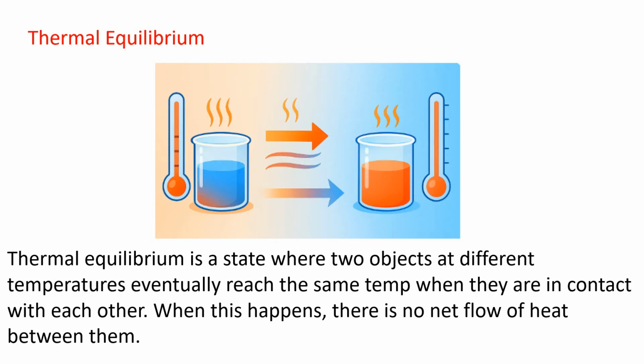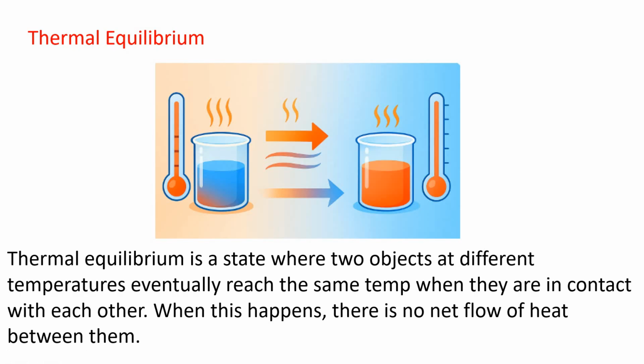Then heat will flow from the hot body to the cold body, or hot system to the cold system, until their temperature becomes the same. That means there will be no net flow of heat between them, and then these two systems are said to be in thermal equilibrium.